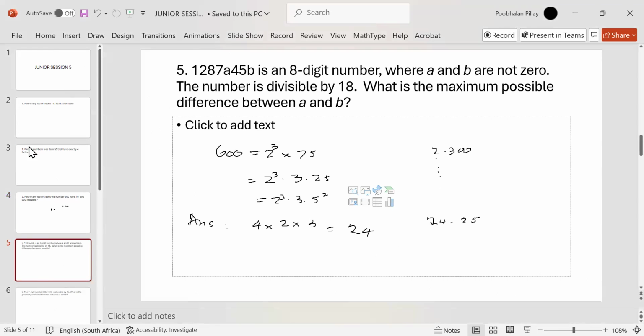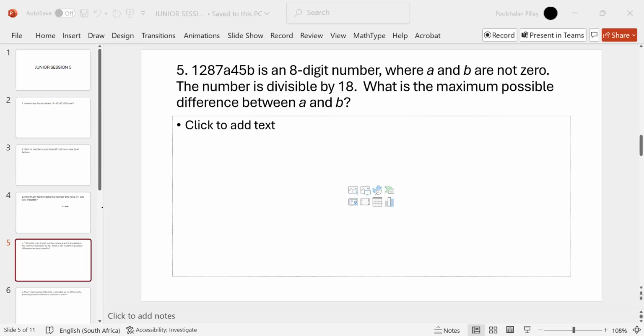So the next problem is number 5. It says 1287A45B is an 8-digit number. Yeah, you can see it's got 8 digits. So A is a digit and B is a digit.